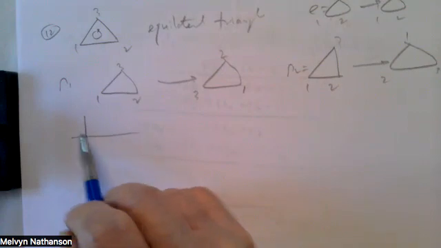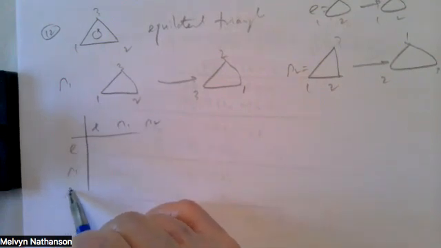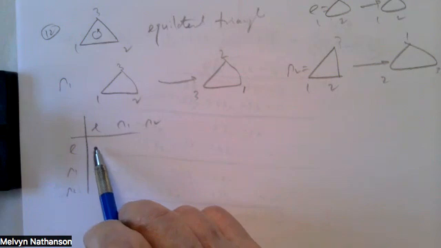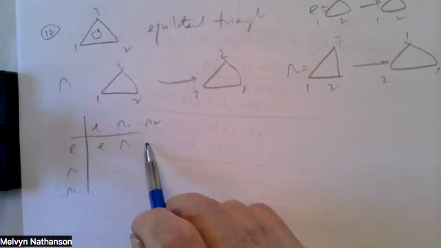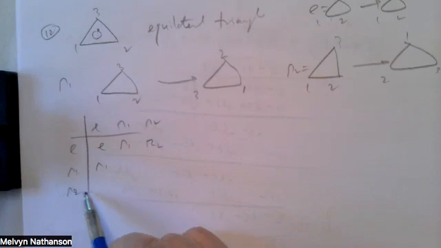And the 3 by 3 multiplication table, we actually already did this calculation in the context of permutations. The identity doesn't change anything, so EE is E, ER1 is R1, ER2 is R2, R1E is R1, R2E is R2.